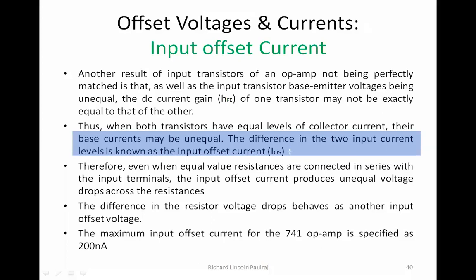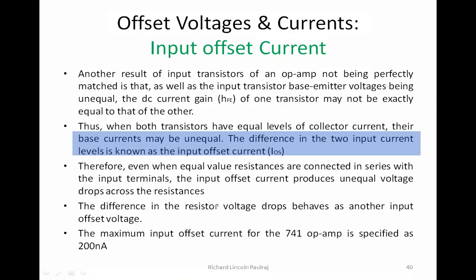Therefore even when equal value resistances are connected in series to the input terminals, the input offset current produces unequal voltage drop across the resistances. So there can be different drops and ultimately different currents.